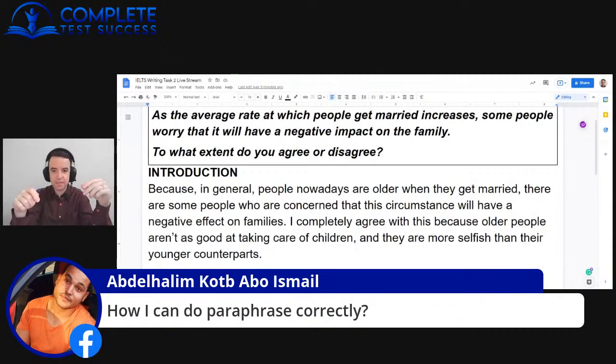If you've changed the meaning, added to the meaning, or subtracted some aspect of the question, that's far worse than copying a few words from the question. It's not going to have a big effect on your score. In fact, it'll have no effect on your score if you use a few words. It's completely fine to do that.